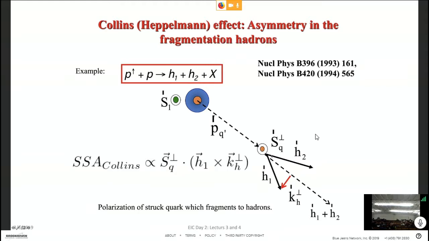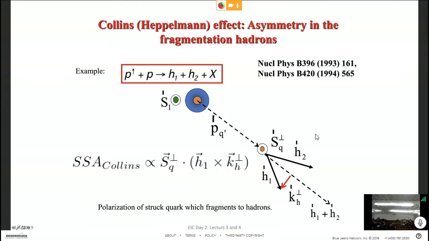And then you see a left-right asymmetry in the quarks that come out, that comes from the helicity of the incoming quark times the transverse momentum, KT, of the polarized quark in the target.